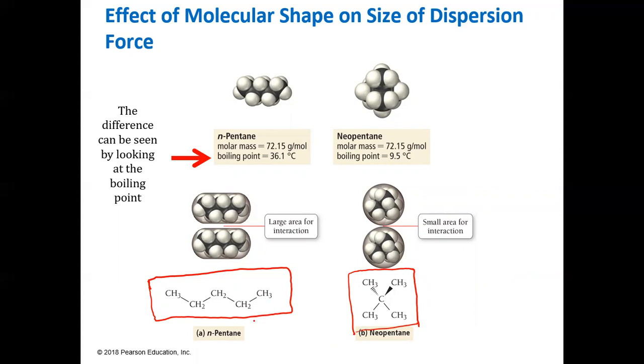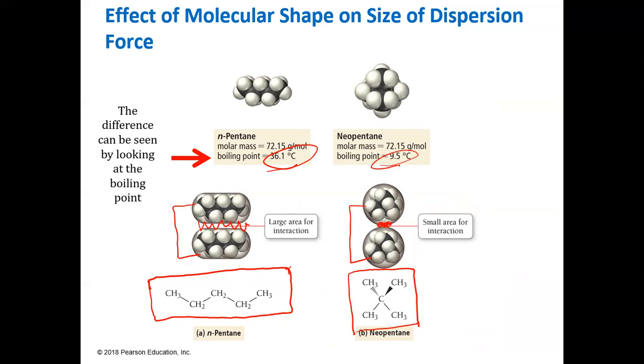With pentane, there's a larger attraction because two pentane molecules can stack together like this, and you have all this area for attraction. Neopentane, if you stack them together, they only have this little area of attraction. So pentane, we assume, would have a higher boiling point because of that, and it does.